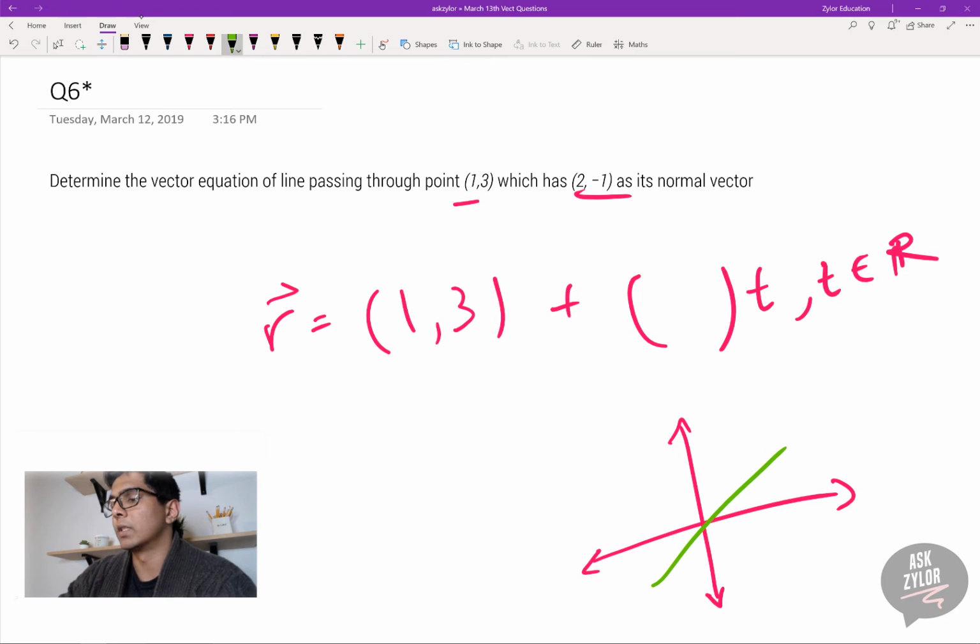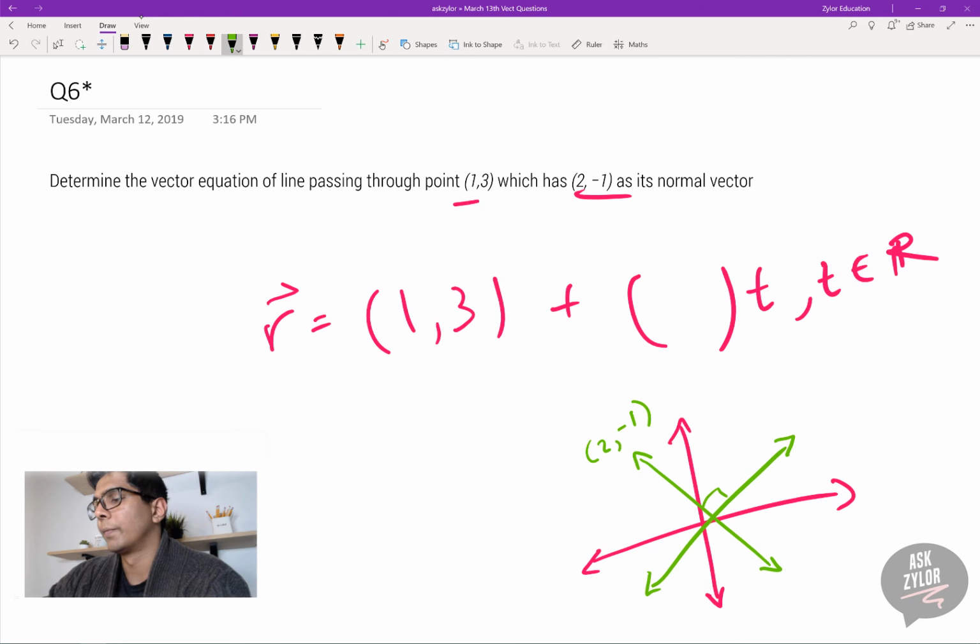So let's say I have this line. My normal vector is going to have a 90-degree angle with that line. And if my normal vector is (2, -1), that means I take the negative reciprocal of that to give me my direction vector for the line itself.